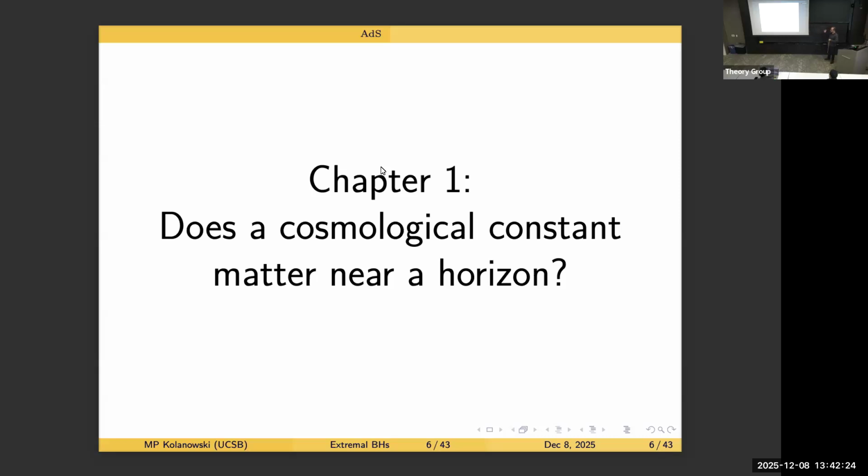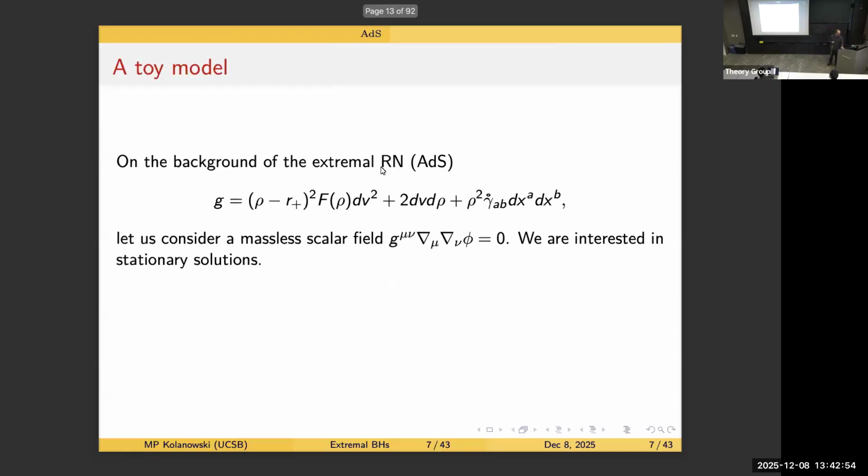And moreover, we'll see that the answer to what happens close to the horizon depends very strongly on what the cosmological constant is, whether it's 0, positive or negative, which is perhaps surprising, because you would think that in an astrophysical situation, when you're very close to a black hole, the cosmological constant should be entirely invisible, but here it's actually going to give some very large effects potentially.